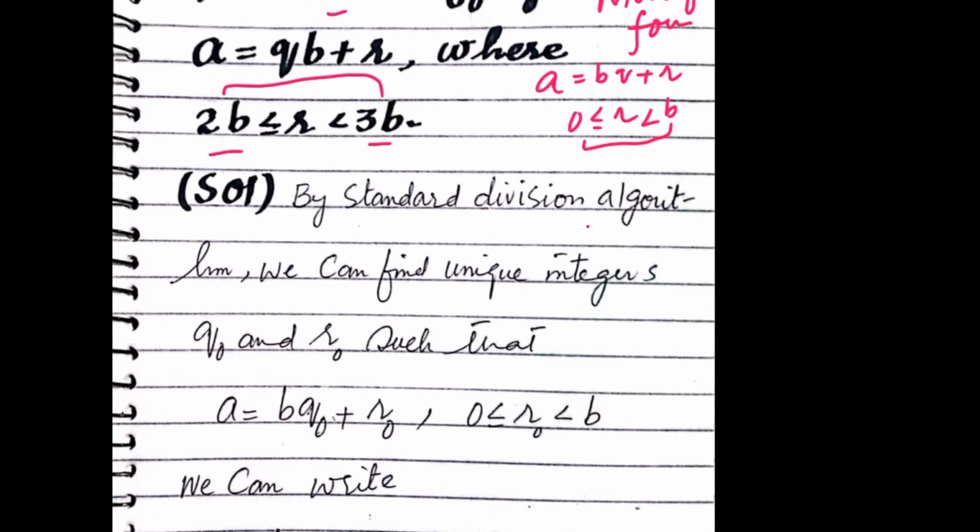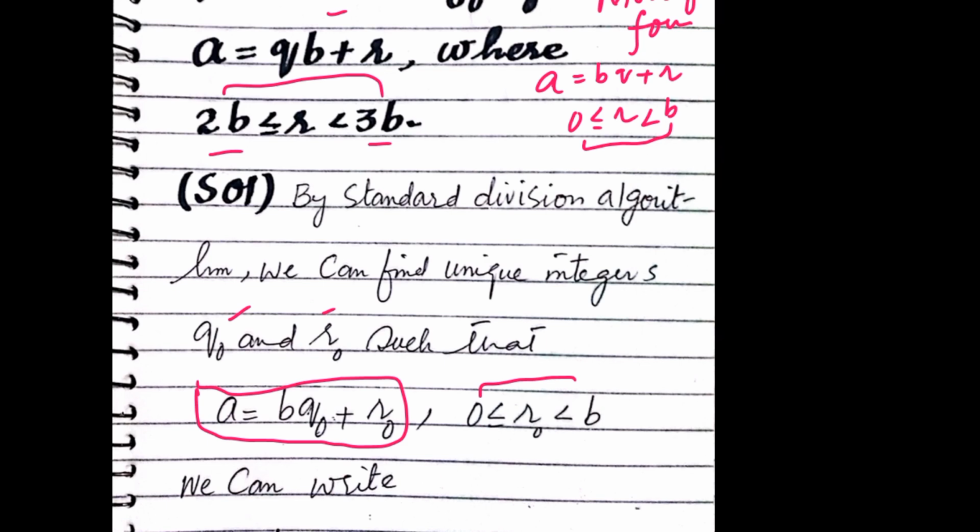By the standard division algorithm we can find unique integers q naught and r naught such that you can write a is equal to bq naught plus r naught, where r naught lies between 0 and b.